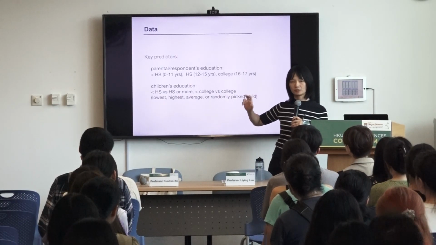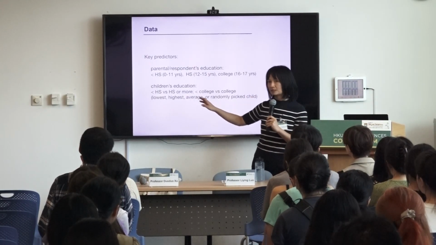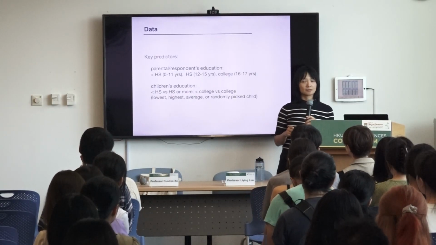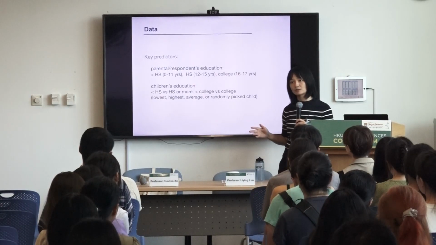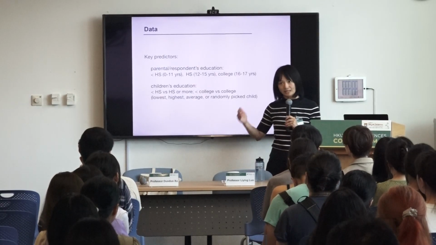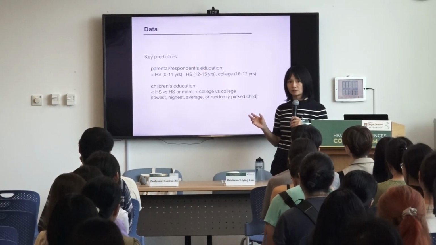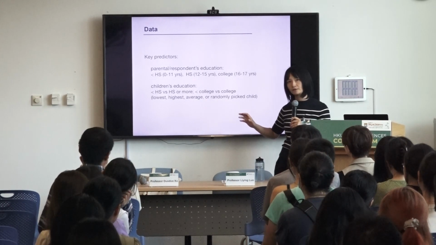So we use the lowest educated child as the measure of children's education in the main analysis. However, in additional sensitivity analysis, we consider 3 more alternative measures, including the most educated child, the average years of schooling, or the average of the education levels of all children.